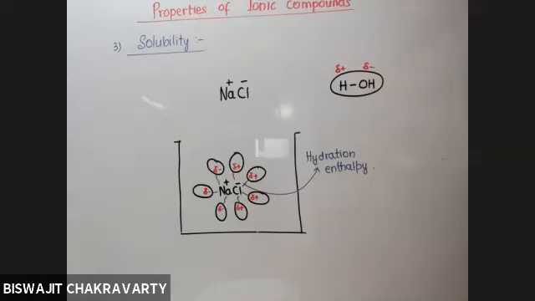And that is why we say that almost all ionic compounds are soluble in water, because the hydration energy released exceeds the lattice energy, which breaks the ionic compound into the respective ions. I hope it is clear now why ionic compounds are mostly soluble in water.